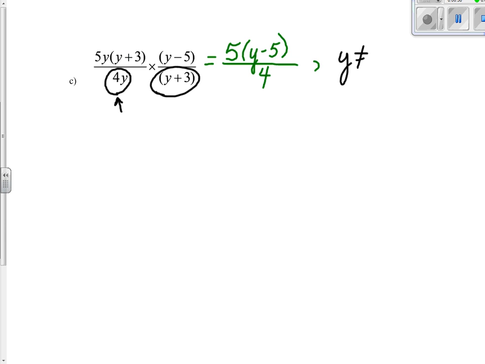So y can never be 0 from the first expression. From the second one, y plus 3 can never be 0. So that happens when y, subtract 3 from both sides, is negative 3. That's our second restriction. So the answer is 5 y minus 5 over 4, where y cannot be 0, or negative 3.